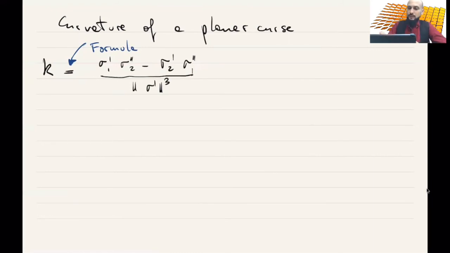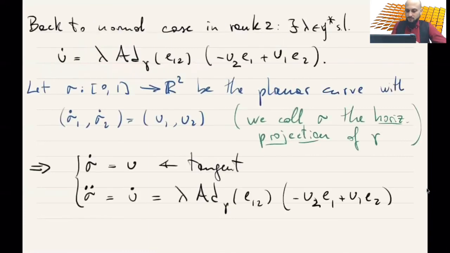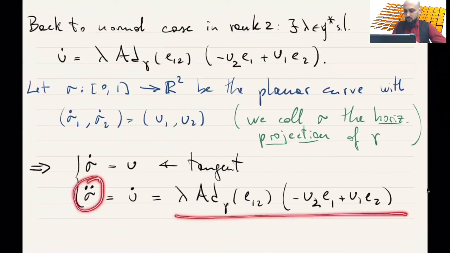Now I'm going to replace sigma prime and sigma double prime. So sigma prime, this is just u, right? We know that this is u1. Now, the second component of the second derivative, we get it from here. So it's the second component of this vector. Okay, so this is just a real number.